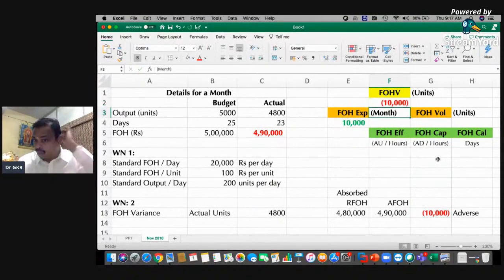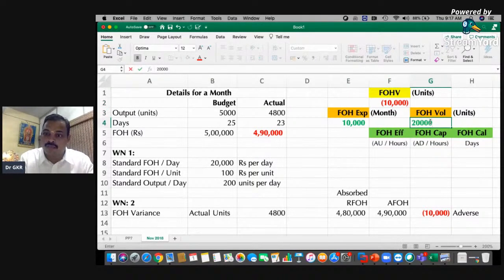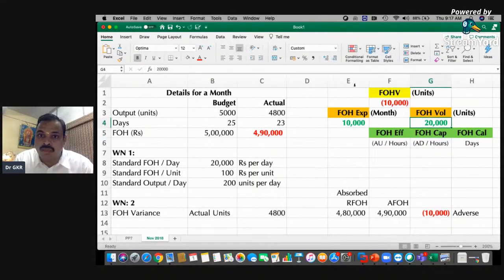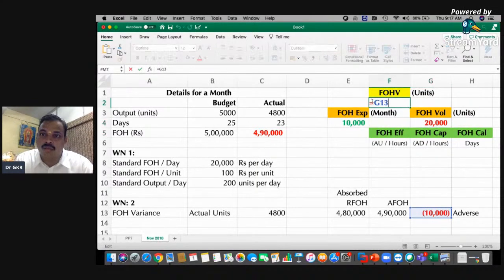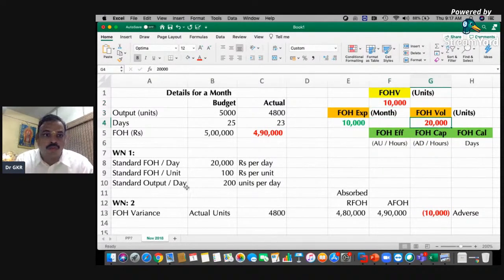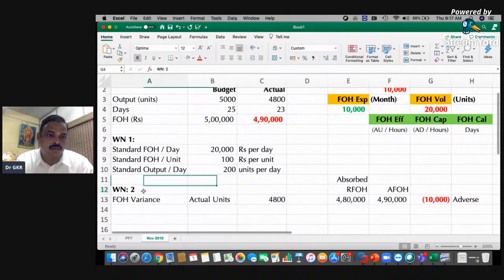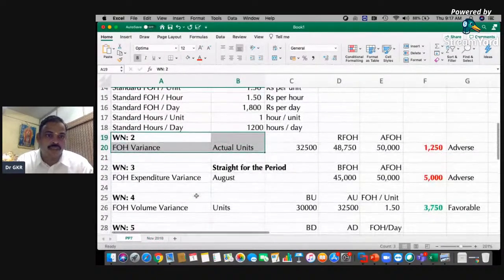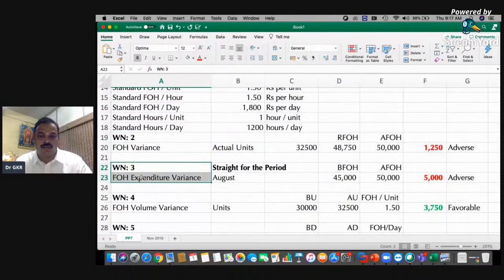One thing is very clear: if this is 10,000 adverse, this is 10,000 favorable. Volume is 20,000 adverse. So 20,000 adverse and 10,000 favorable, you have 10,000 adverse. So how do you find volume variance and expenditure variance? Let us find first the volume variance, or expenditure variance.